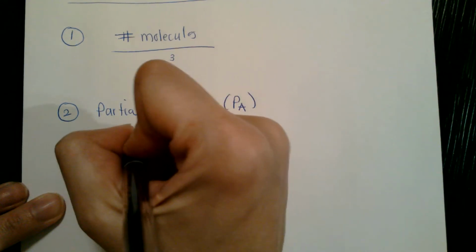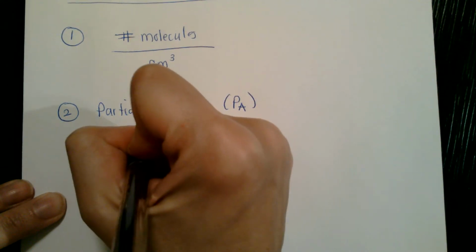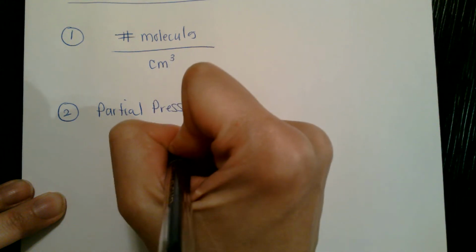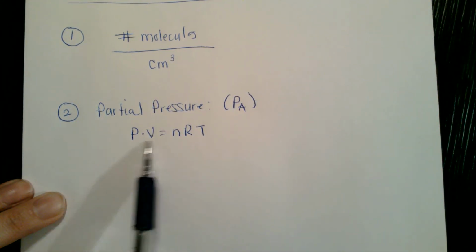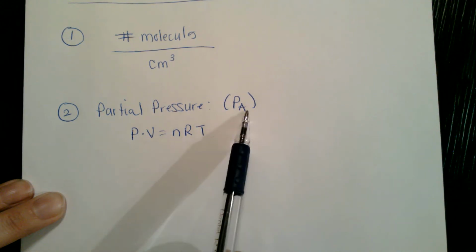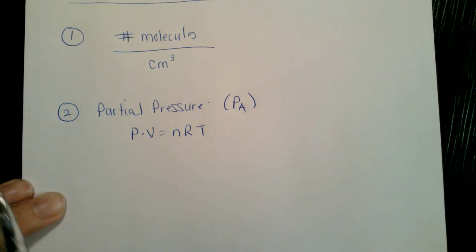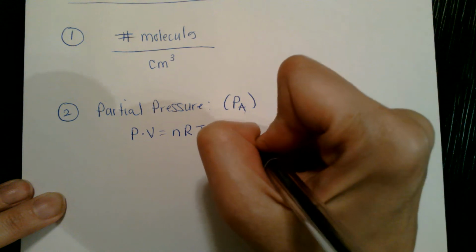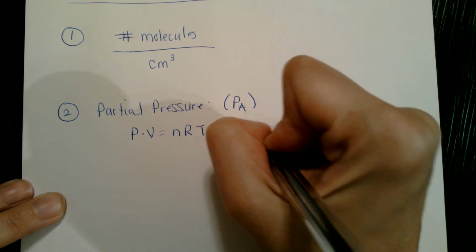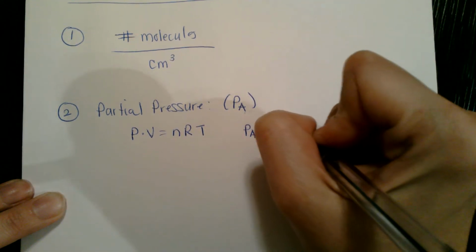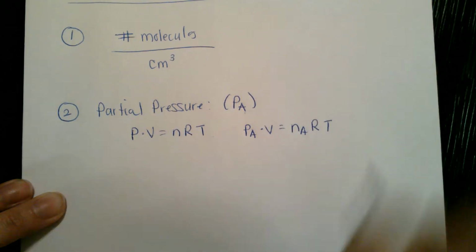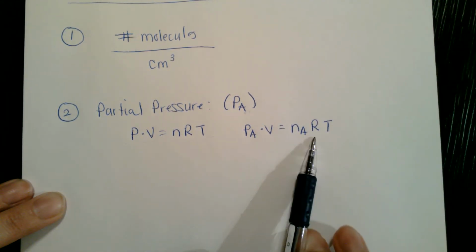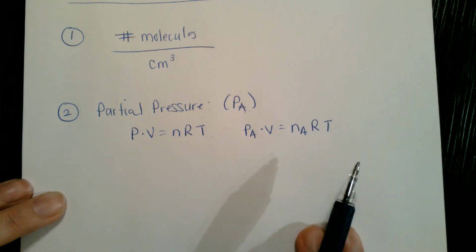Using the ideal gas law, we have PV equals nRT. In a general sample of gas, we can use this. If we're looking at gas component A, this turns into the pressure of A times the volume equals the number of moles of A times R times T, where R is our gas constant.